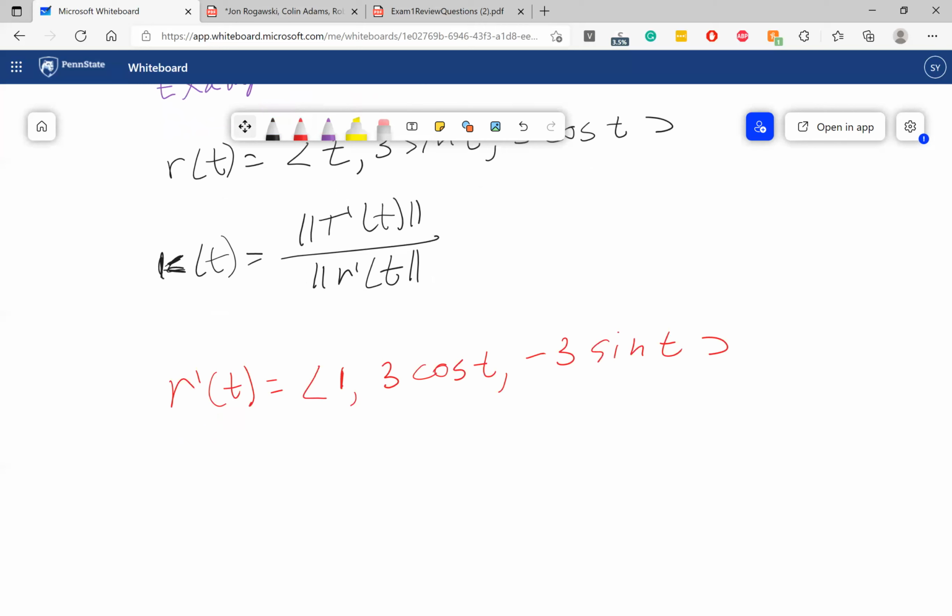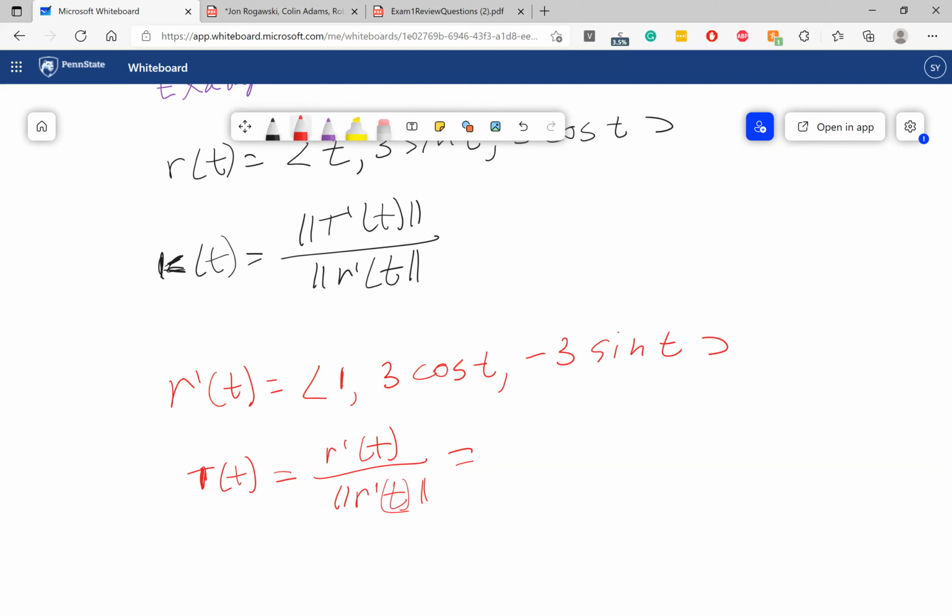So then, in order to find T, T of t is r prime of t divided by the magnitude of r prime of t. And the magnitude over here, if you just take the square of these, same thing that we've seen before with cosine and sine, you're going to get 1 plus 9, and you're going to take the square root.